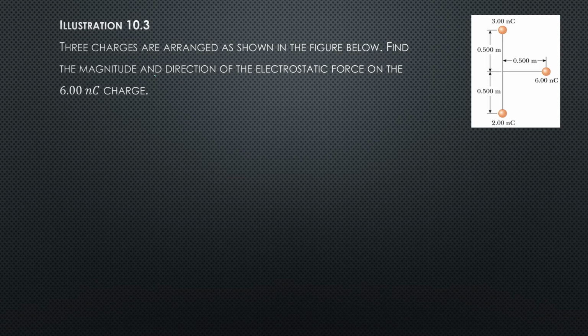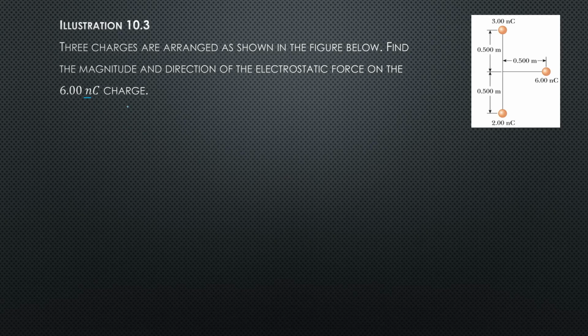Find the magnitude and direction of the electrostatic force on the 6 nanocoulomb charge. You should be familiar with nano, micro, milli, pico, and so on. That is times 10 to the negative 3, negative 6, negative 9 for nano, negative 12, negative 15, and so on.